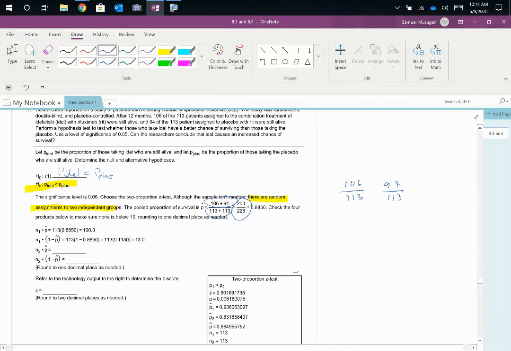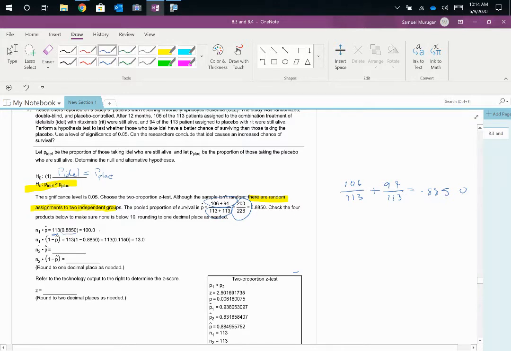Okay, now this is where it gets interesting. So to test for large sample, n1 times p hat, we've computed p hat here as 0.8850. To calculate for large sample, we take the sample size 113 times p hat and we get 100 plus.